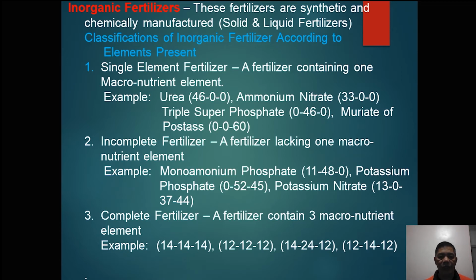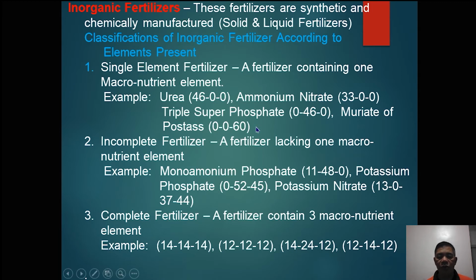Example, we have urea. Urea has a composition of 46% nitrogen, 0% phosphorus, and 0% potassium. In the case of ammonium nitrate, we have 33% nitrogen, 0 for phosphorus, and 0 for potassium.